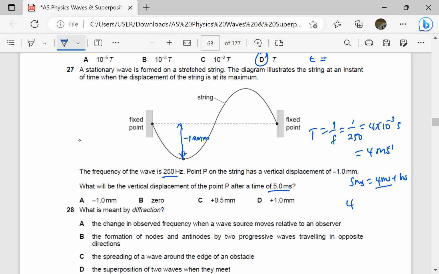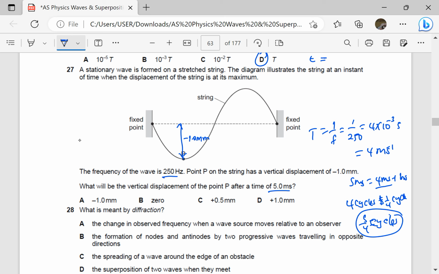So we have 1 cycle plus a quarter cycle. Or in other words, we could say 5 divided by 4. So the number of cycles is 5 divided by 4, 5 over 4 cycles in total.